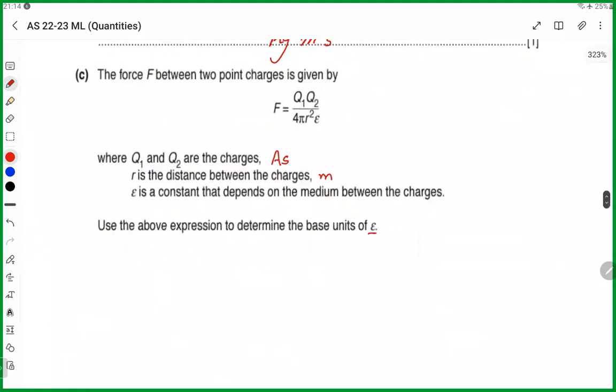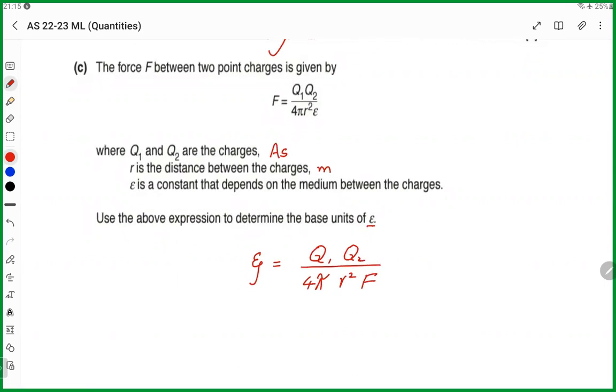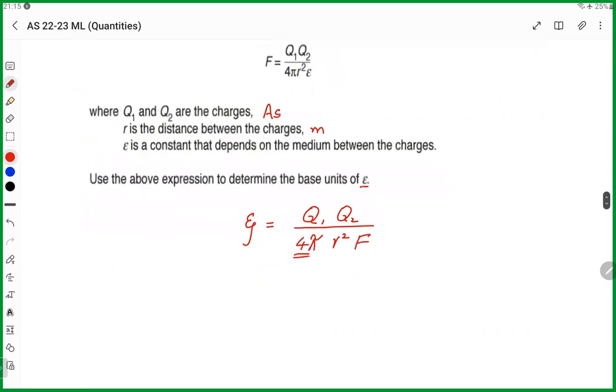What do we do? First, we make epsilon the subject of formula. So Q1 Q2 over 4 pi r square F. Remember, 4 and pi are numbers. They don't have any units, so they don't participate in the making of units.